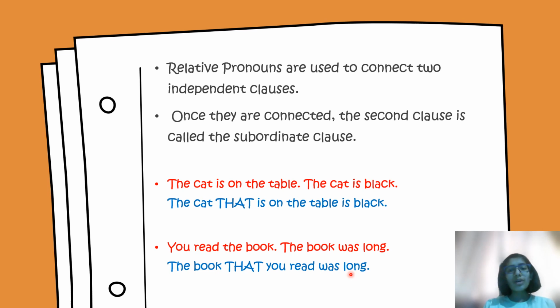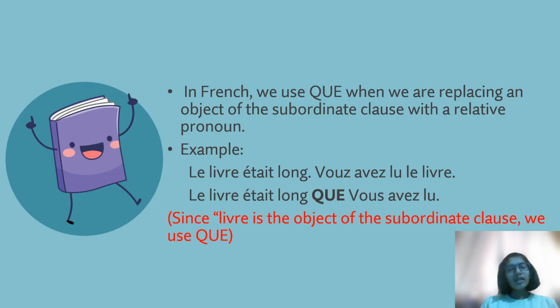This is exactly what pronom relatif simple does in French as well. It limits the repetition of nouns so that a sentence becomes much more comprehensible and attractive. So let's begin with the very first pronoun that we have, which is que.